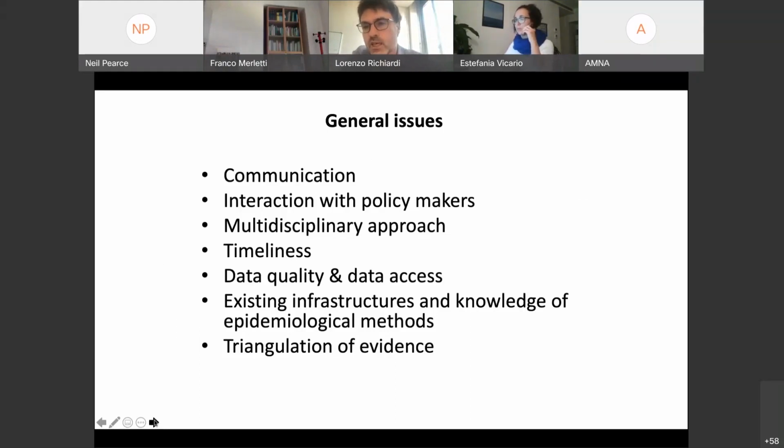We need to have results in a given period of time and try to act on the results. Data quality and data access became even more important than ever. And we need existing infrastructures and knowledge of epidemiological methods already in place. So this course is also intended to improve this aspect. And then we need to be able to use all the evidence that we have in order to take decisions. So it was really a reminder of many aspects that we have to take into account when we do epidemiology.